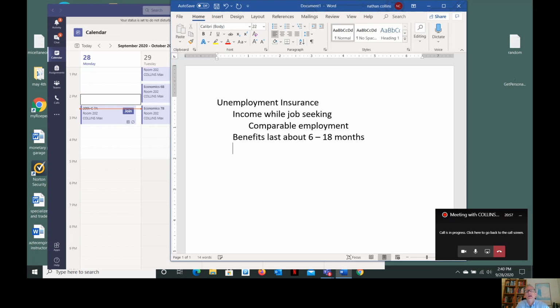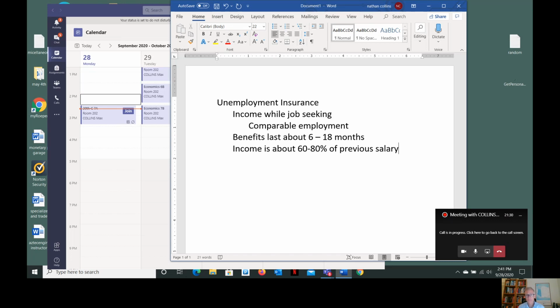And the income that you receive is not as large as what you got when you were working. In fact, typically income is about 60 to 80% of your previous salary. You've got to remember that too: if you lose a job and you're eligible for unemployment insurance, that's a big help. But it also means it's like getting a big pay cut while you're looking.